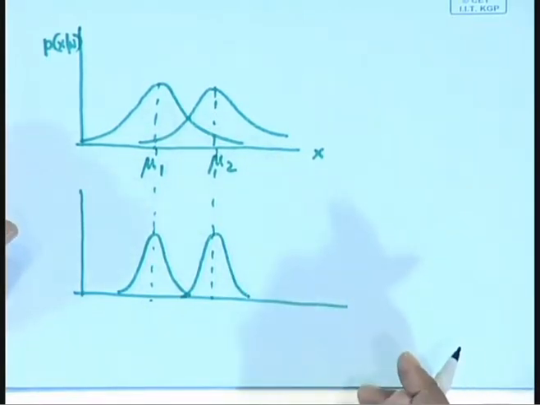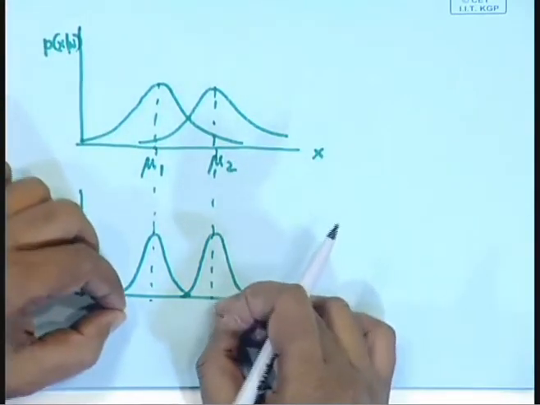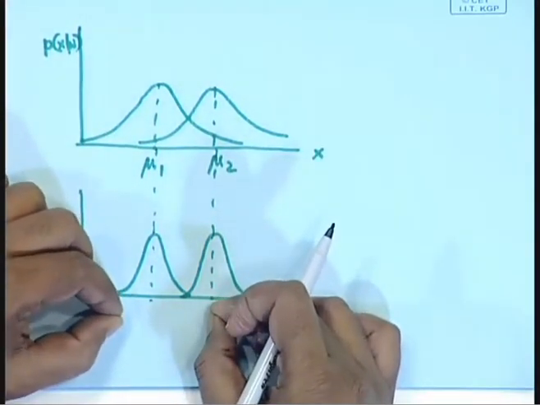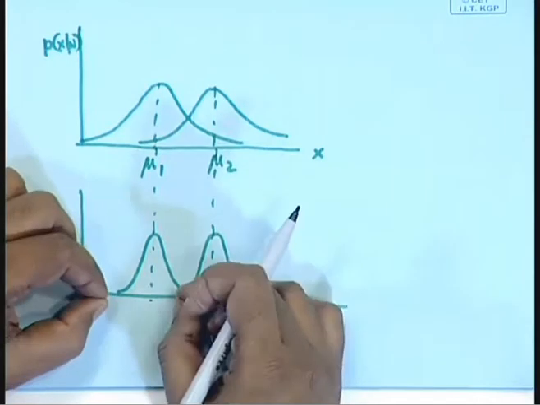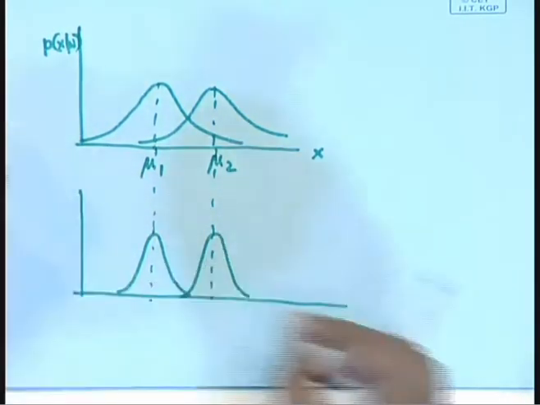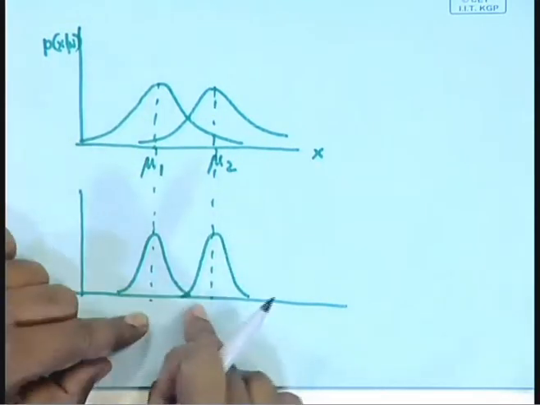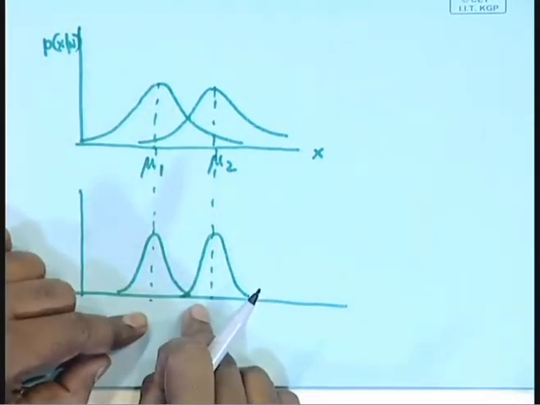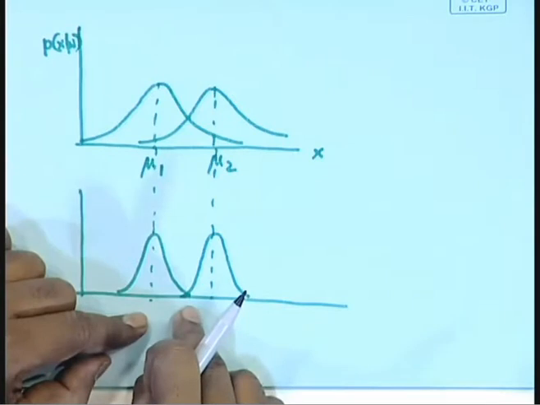Okay. So, you find that the distance between the means mu 1 and mu 2 remains the same, but within class scatter, or the variance of the samples belonging to the same class, is reduced. Then also my classification will be better, that is, error rate will be less.